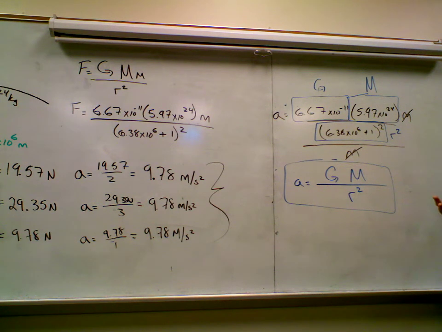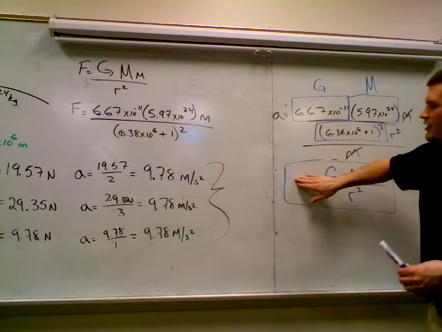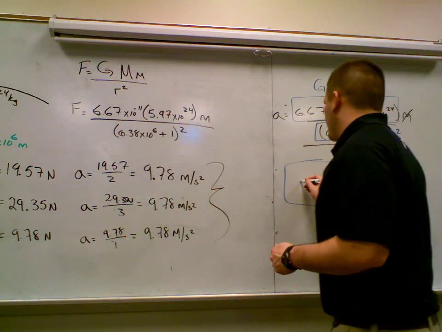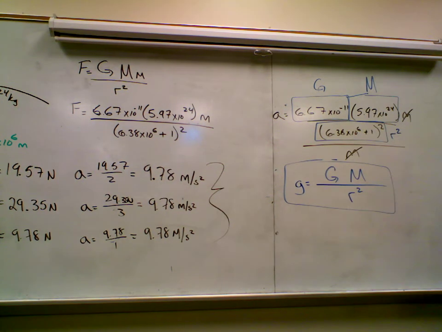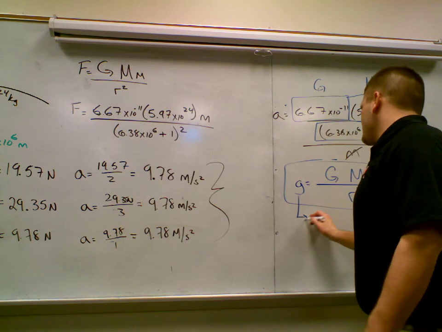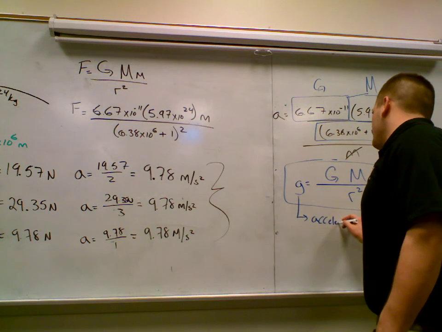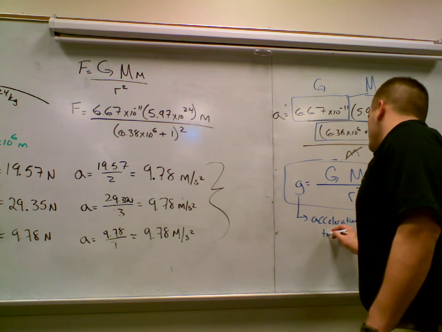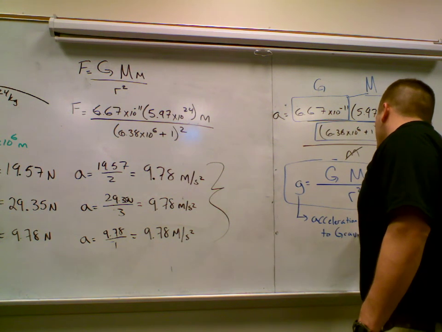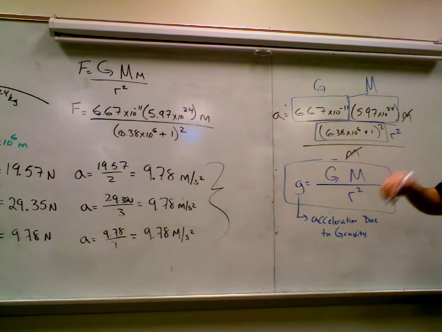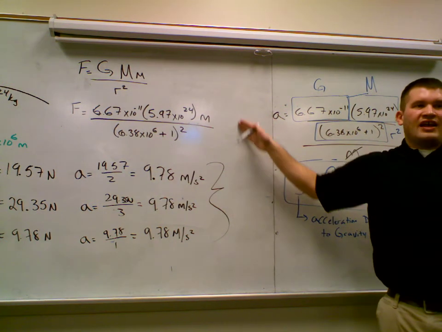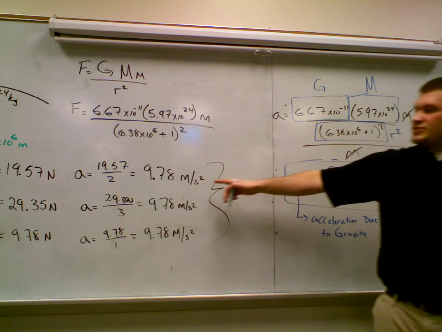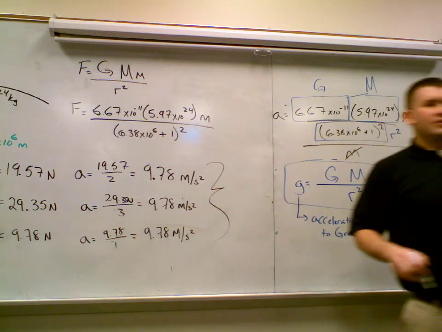Any questions? So this A right here, we can rewrite it with a g. And that g means acceleration due to gravity. And what we calculated earlier is if we're on the surface of the Earth, that acceleration due to gravity will always be 9.78.